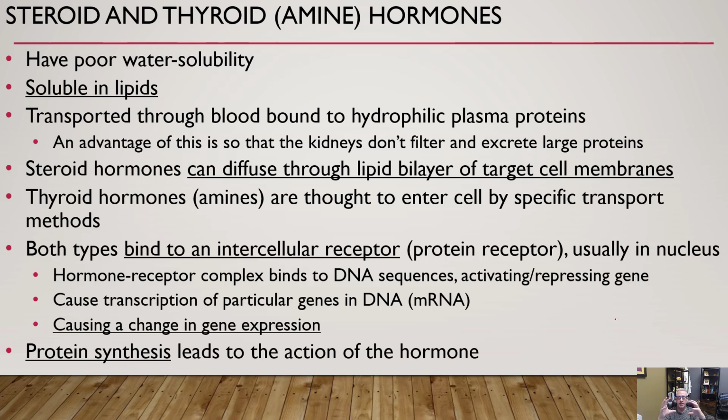And then once it gets there, it'll break up and leave that plasma protein. Because the cell has a lipid bilayer, and this hormone is lipid soluble, it can actually diffuse through the lipid bilayer of cell membranes.